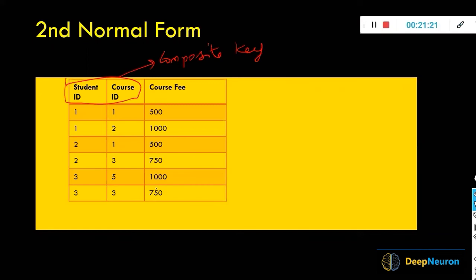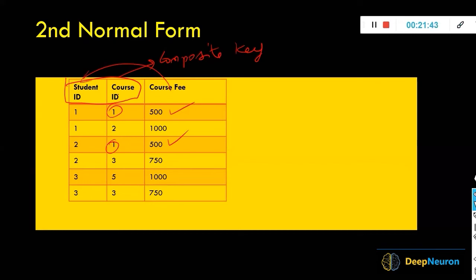The course fees, we mentioned here. If you look here, for the course ID 1, the fee is 500. For the same course ID 1, the fee is 500 only. So the course fee depends on the course ID, but the course fee is not depending on the student ID, right?